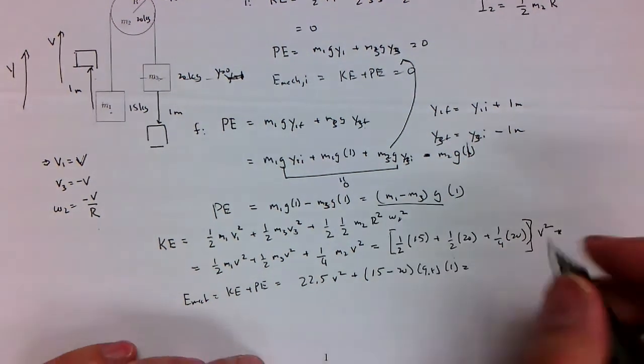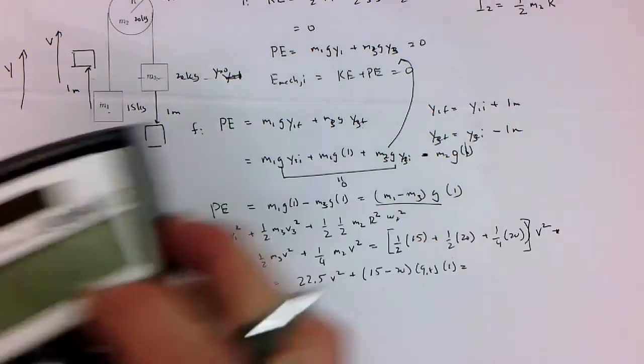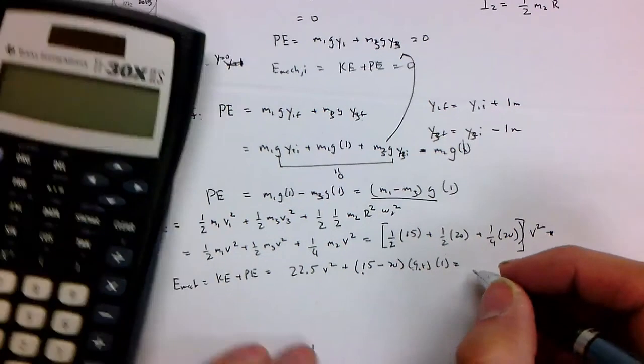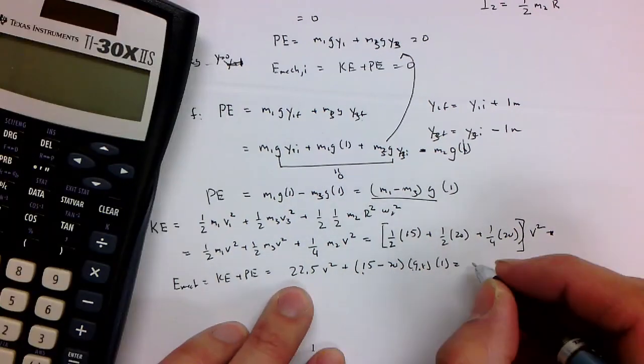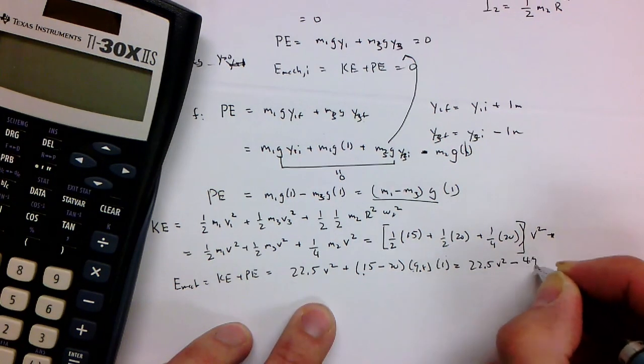Which gives me something very simple. This term right here is minus 5 times 9.8. That's about 49 times 1, which is then 22.5 v squared minus 49.